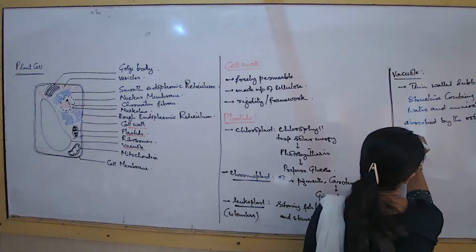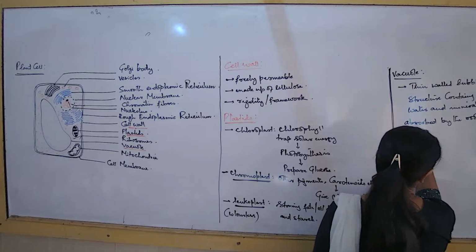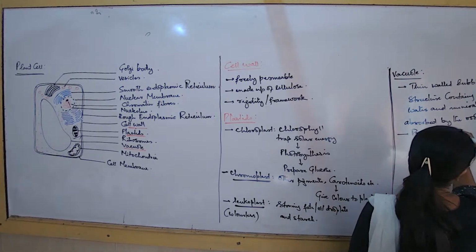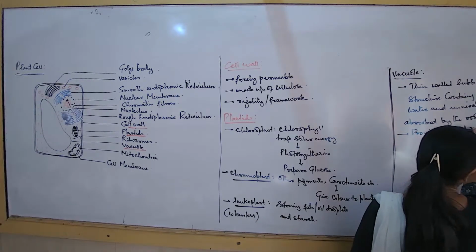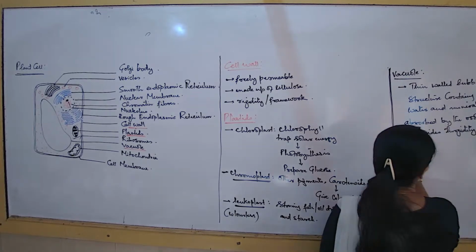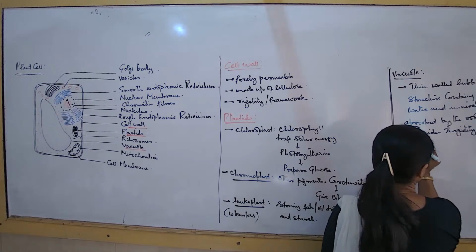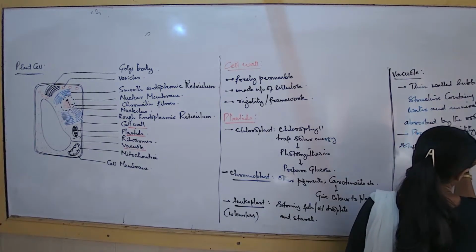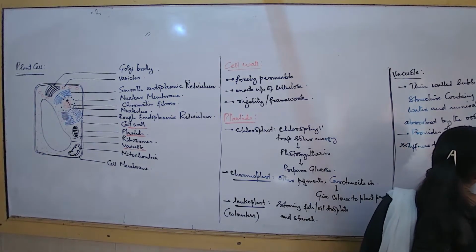What is the function of this vacuole? Provides turgidity. Turgidity means stiffness. Turgidity or stiffness to plant cells or plant parts.